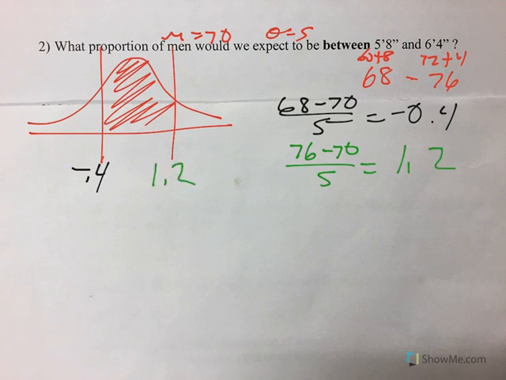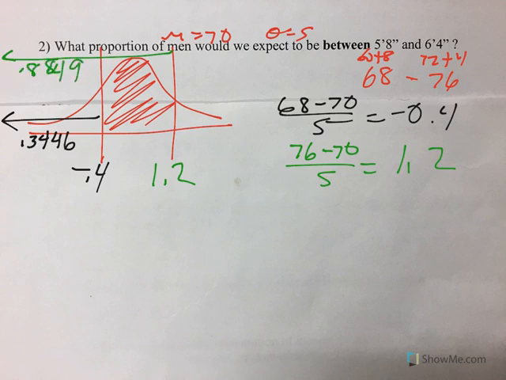Now, we don't have a mechanism for finding the area between, but I know that I can find this area. Everything to the left of negative 0.4 is 0.3446, and everything to the left of 1.2 is 0.8849. I need to find a way to have only this piece here.